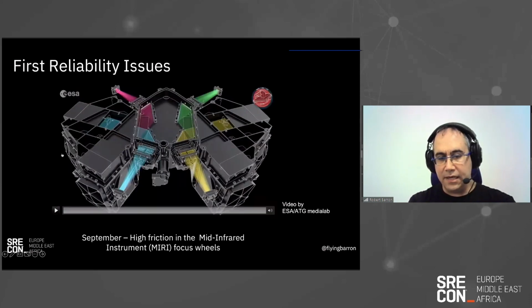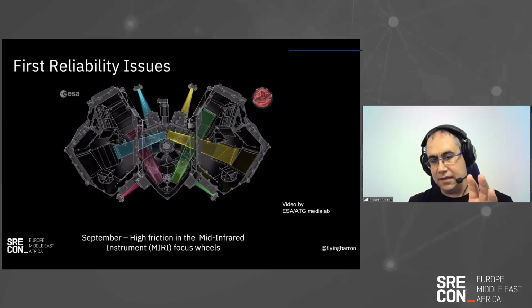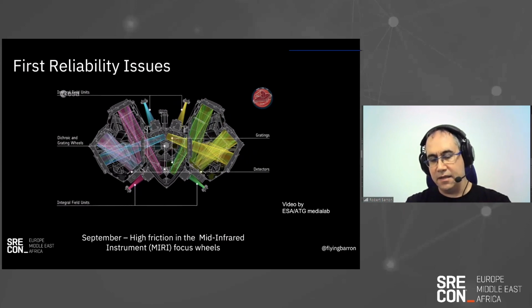Another reliability issue, which occurred recently in September, this is an illustration of the mid-infrared instrument, which is one of the cameras on Webb. As you can see, what it does is it collects various streams of light and makes the measurements.